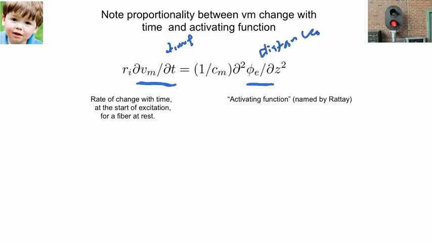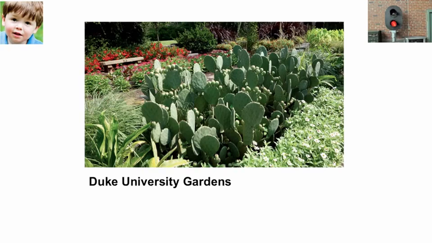So this is one of those relatively few equations that we have where changes in time are related to changes in distance, rather than everything being in time or everything being in space. The activating function is the beginning. It's not the end. It's the beginning of what happens with the stimulus. To find out what happens at the end, we'll have to go on to our next segment.